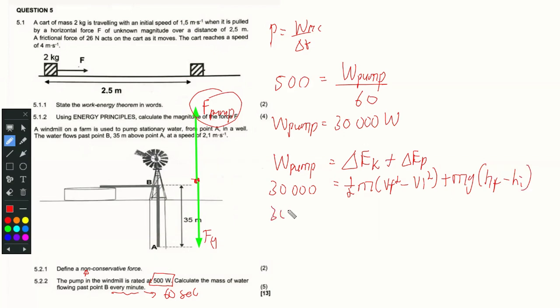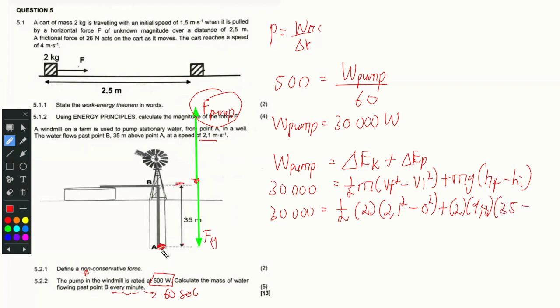So we have the 30,000 and then this is half. The mass is what? 2 kg. And then final velocity from point A, stationary water, velocity is 0 to a speed of 2.1. 2.1 square minus 0 square plus we have 2 multiplied by 9.8. The height finally, when it reaches point B, is 35.